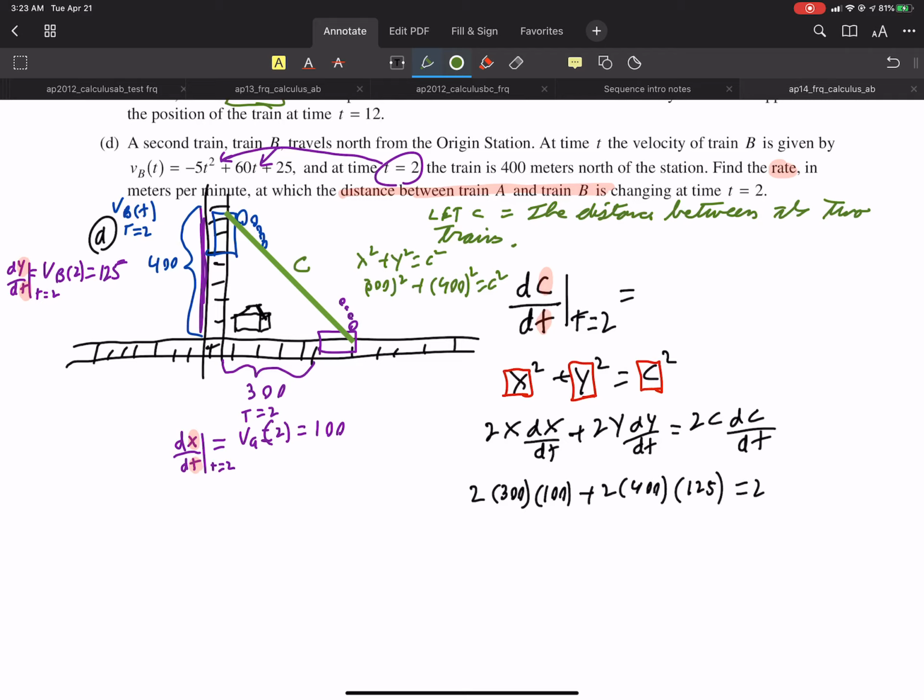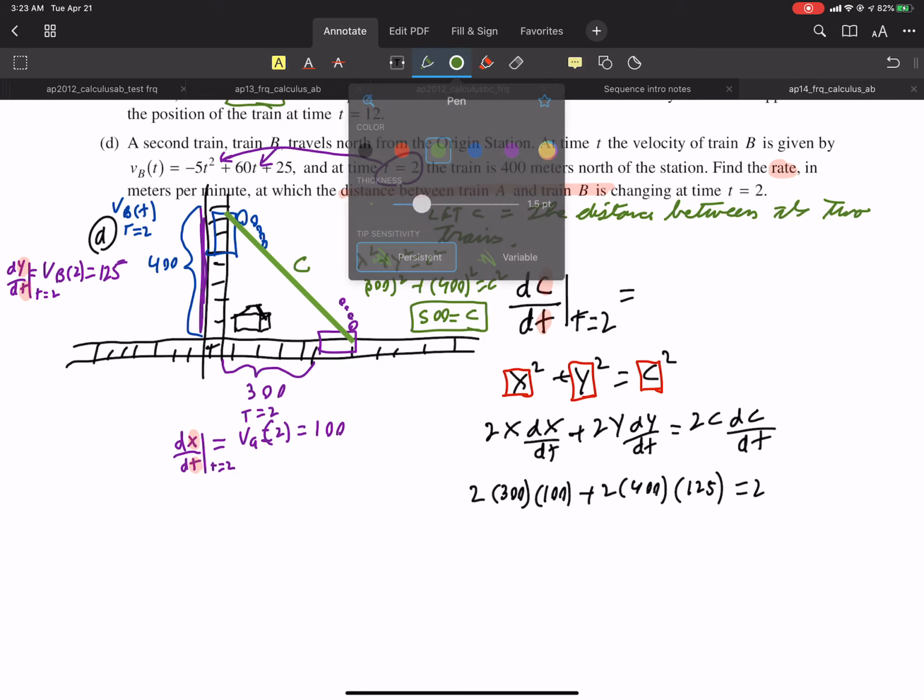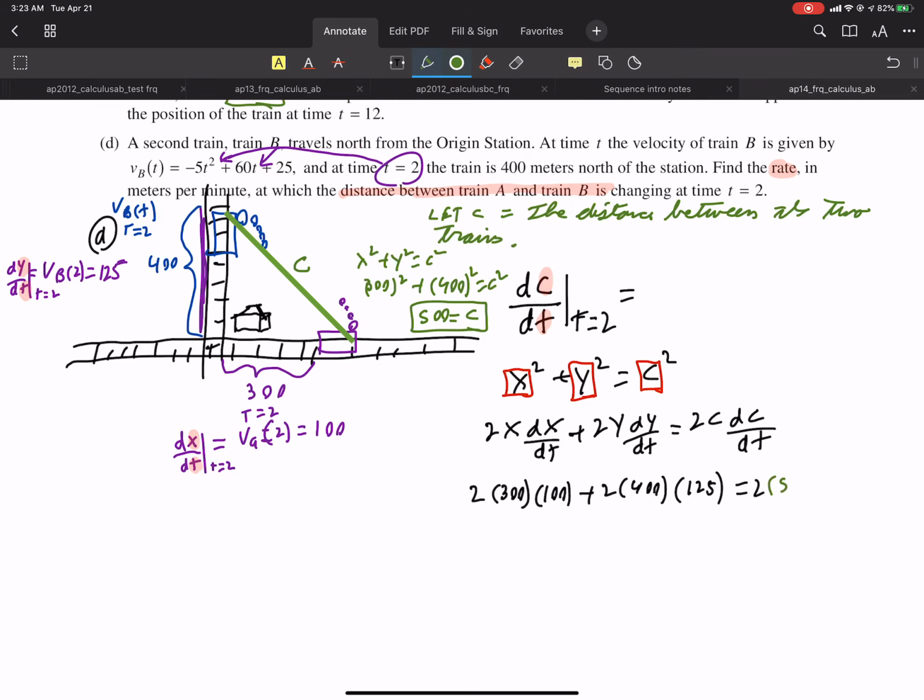Since it's 300, 400, if you calculate C, you're going to get 500. You could do it in your head if you understand the Pythagorean triples, or you can do the ugly algebra and work that all out and get 500. So C is going to be 500.